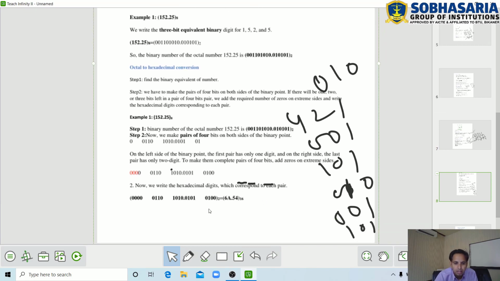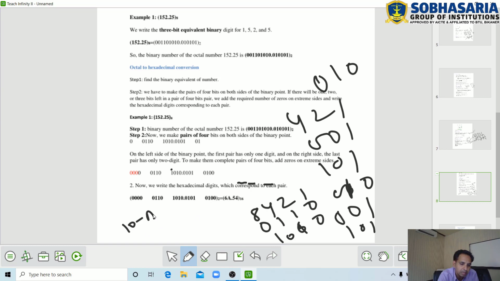So with the help of 8421 code, 0110 is 6, and 1010 means 10, and in hexadecimal 10 is represented by A, that is 6A.